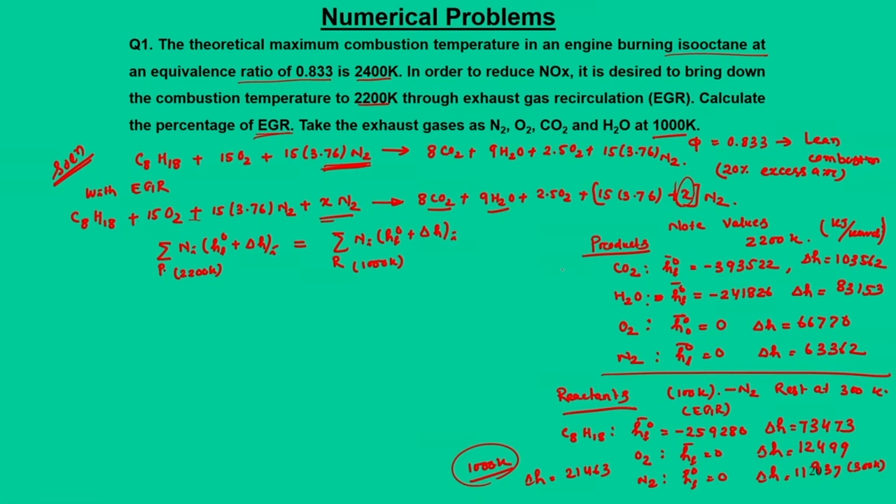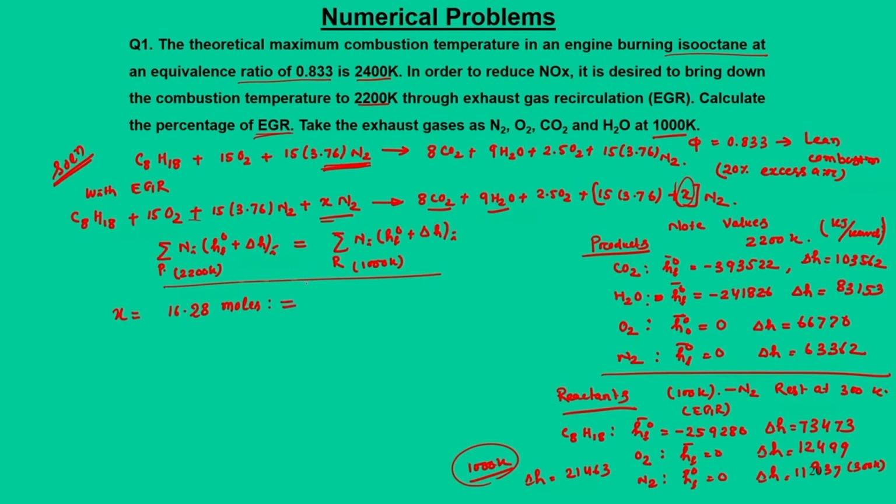Based on this formulation, by inserting these values we will have a big expression, but we can solve this equation with X as the unknown, and that X is 16.28 moles.